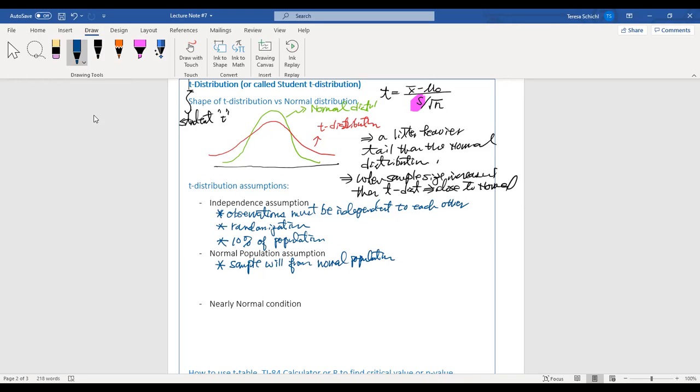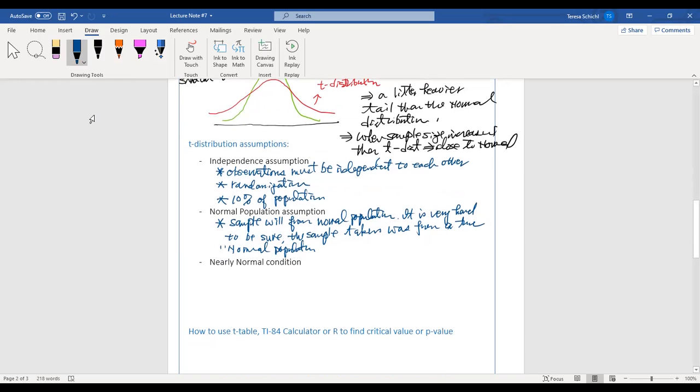It is very hard to be sure the sample you take was from a true normal population. It is very difficult to make sure of that, because of course you can do some testing, but even with testing, sometimes we're not 100% sure.